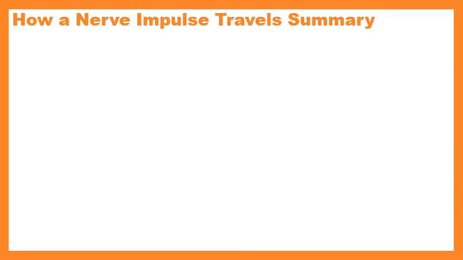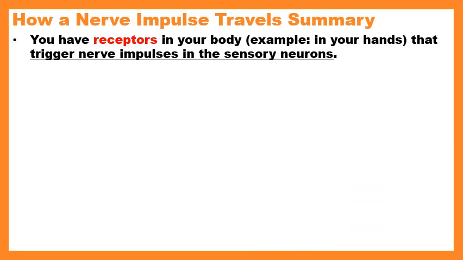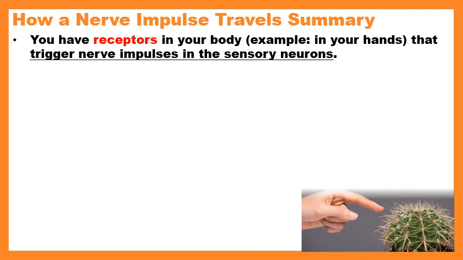Let's talk about how a nerve impulse travels. It's going to follow a path, and it's always going to go in this path. It's kind of like directions on a map. You're always going to go the same way. So you have receptors in your body, for example in your hand, that trigger nerve impulses in the sensory neurons. I want to give you an example: you are at a greenhouse or nursery or zoo or in the desert, and you see a cactus and you're like, I am going to poke that.